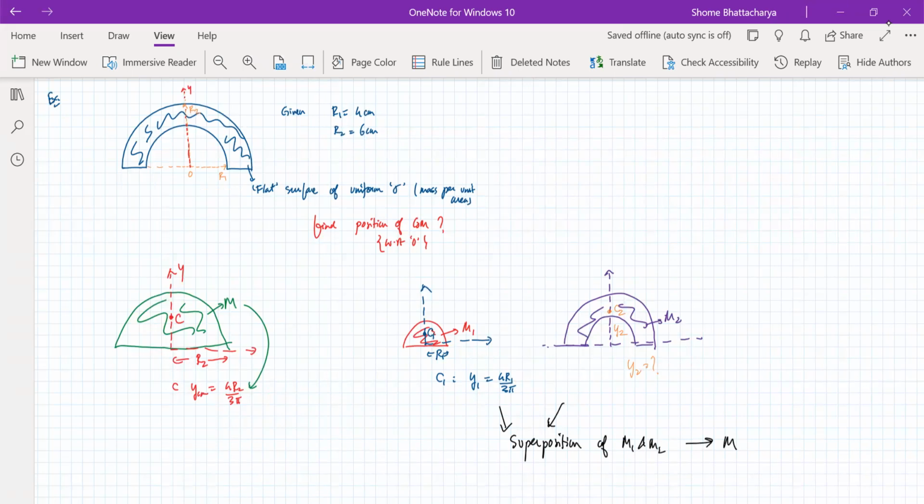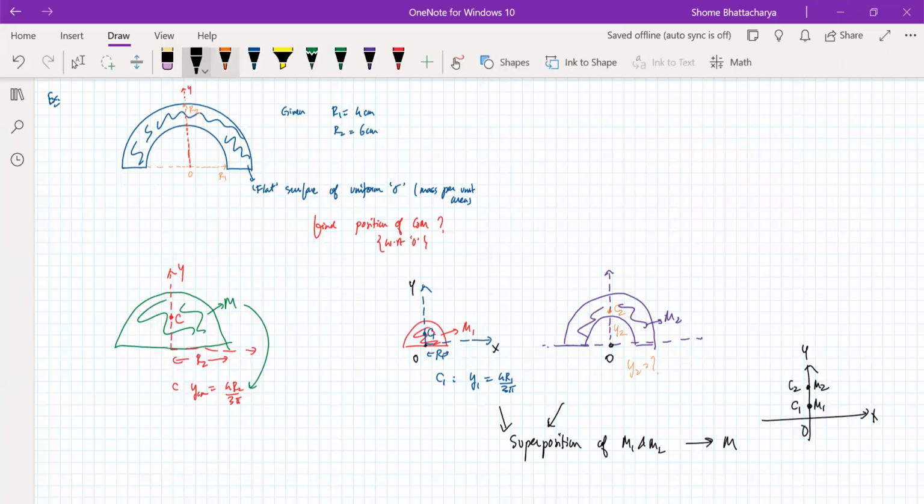Okay, so what I'll do now is take the same origin as this one, same origin as this one. I will replace the whole semi-disk m1 with an equivalent particle m1 at the position C1. And I'll replace the whole cut semi-disk m2 with an equivalent particle at this.